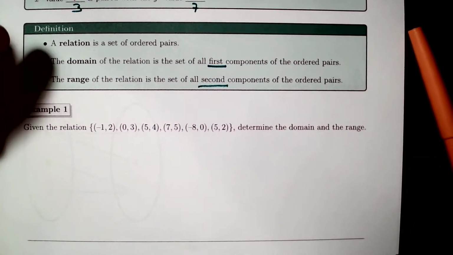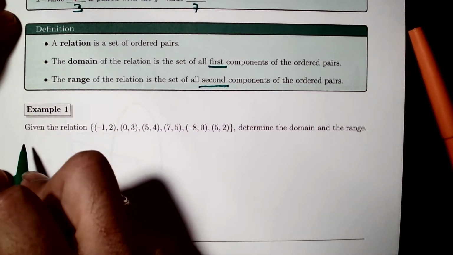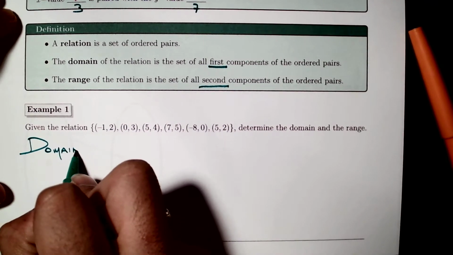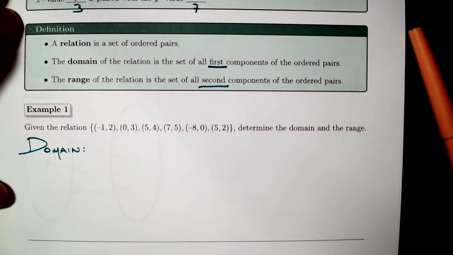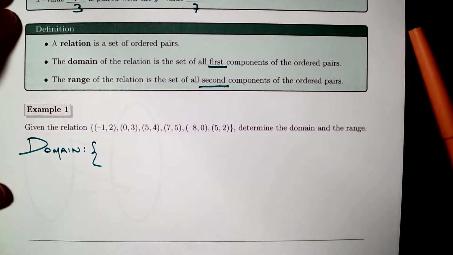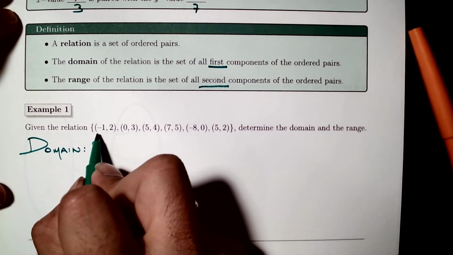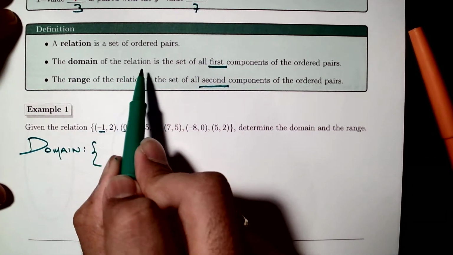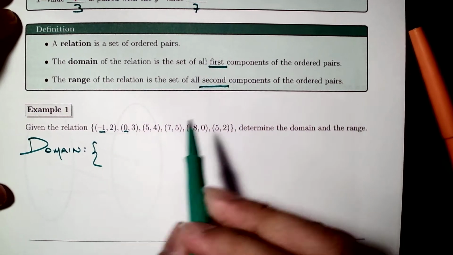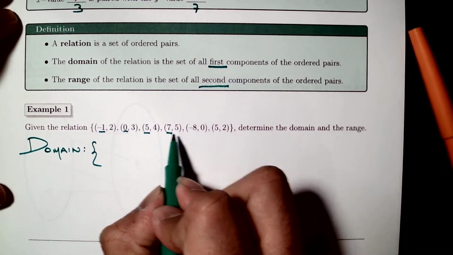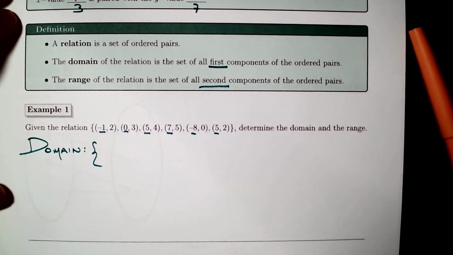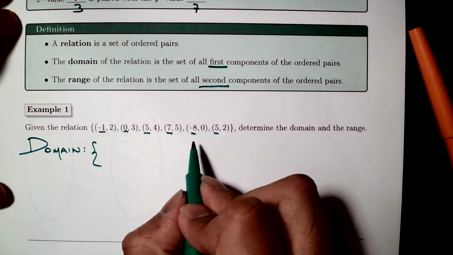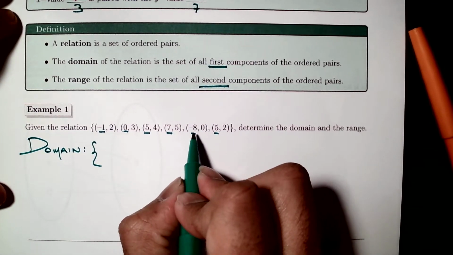All right, so let's start with the domain, which I'm going to do in green. How are we going to find the domain? Well, I'm going to highlight with green all the first components. By definition, the domain of the relation is the set of all first components of the ordered pairs, that is the x's, if you will. But notice how the numbers are kind of scrambled, so what we have to do is write them from smaller to larger.